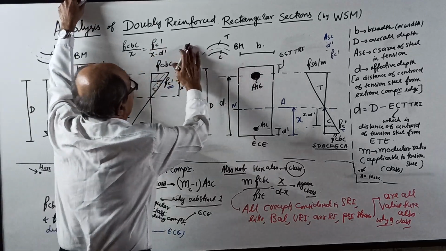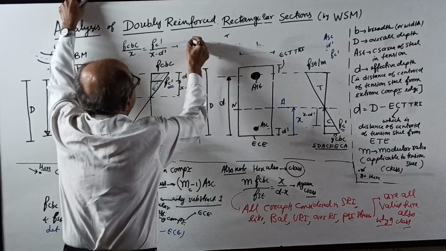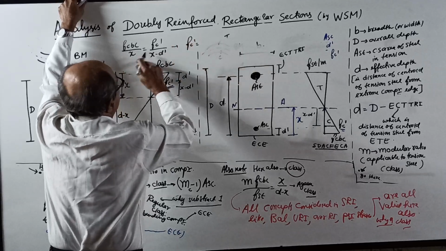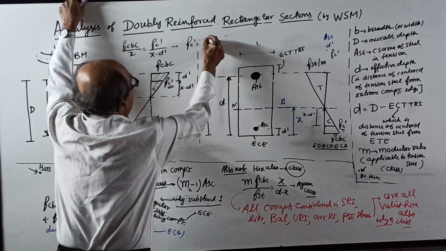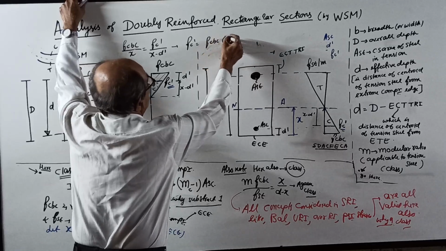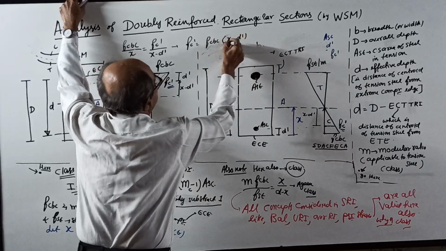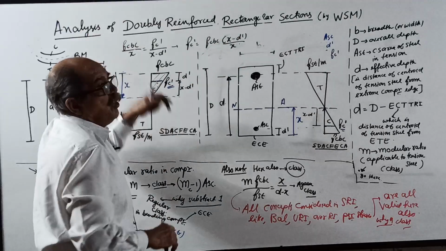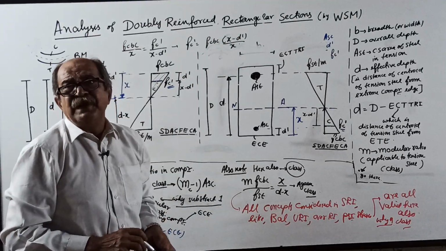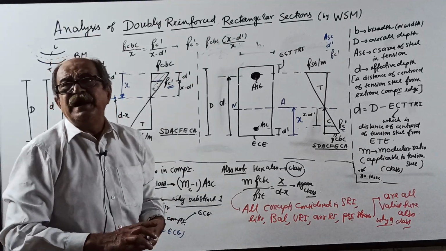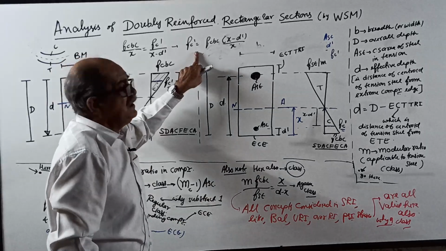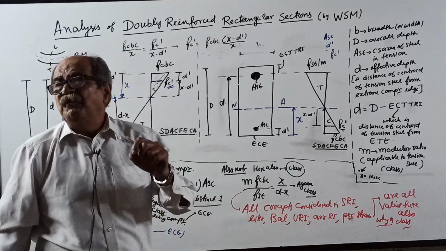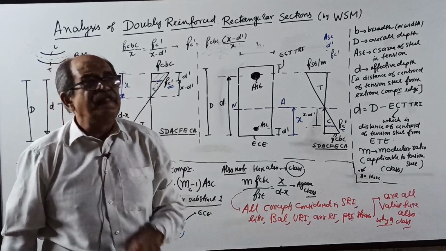Or, if you simplify, it will become what? It will become FC dash equal to FCBC into X minus D dash divided by X. Now, go to limit state method. In limit state method, you require strain in concrete at the level of compression steel, which is nothing but strain in concrete at that level.